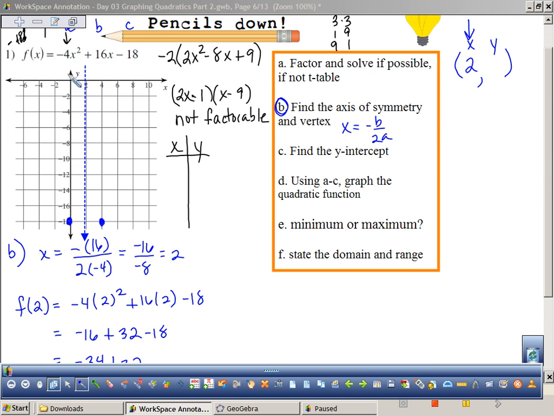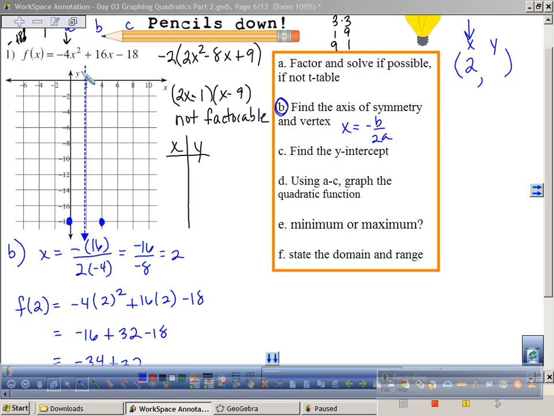What if I got positive 2? Can somebody tell me why positive 2 would not make any sense? No, not 1 root. 2 roots? No root. If I said there's my vertex, that means it's got to cross the x-axis.